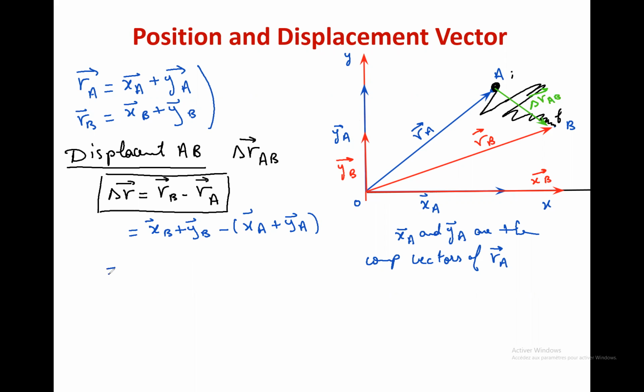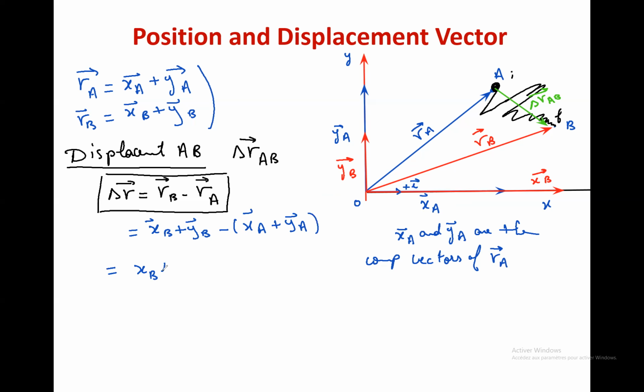So we can write XB. Here, be careful. If XB is directed in the negative direction, we have to put minus I. Okay? But in our case, XB is directed in the positive direction, plus I, and XA also.